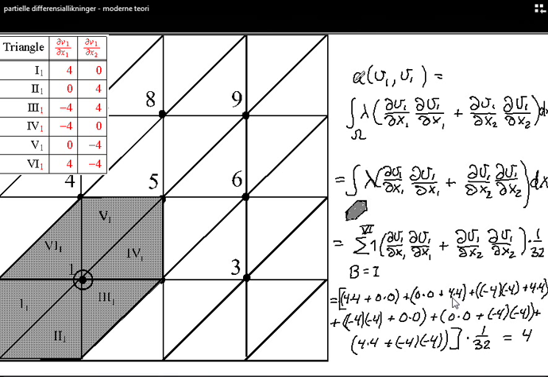So now we have computed the values of these products for this triangle and this triangle, and we continue in this way for all these triangles, and multiplying the results with the area 1 over 32, we obtain 4.